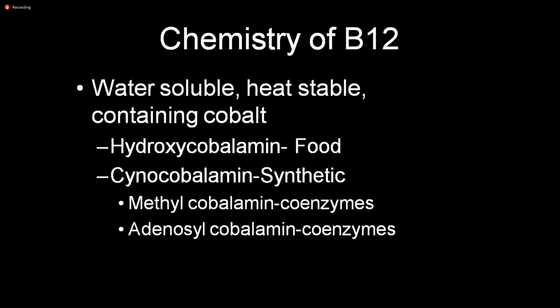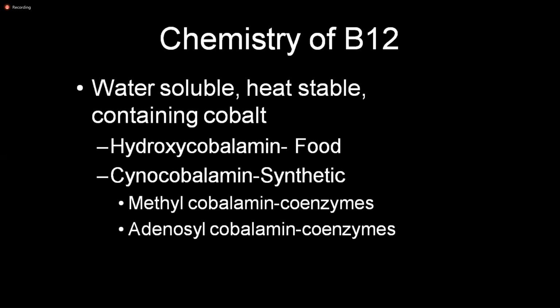Cyanocobalamin is a common term for vitamin B12, and hydroxycobalamin is the form that is found in the food. The cyanocobalamin that we call is actually not found in the food, but it is a synthetic form, similar to folic acid.